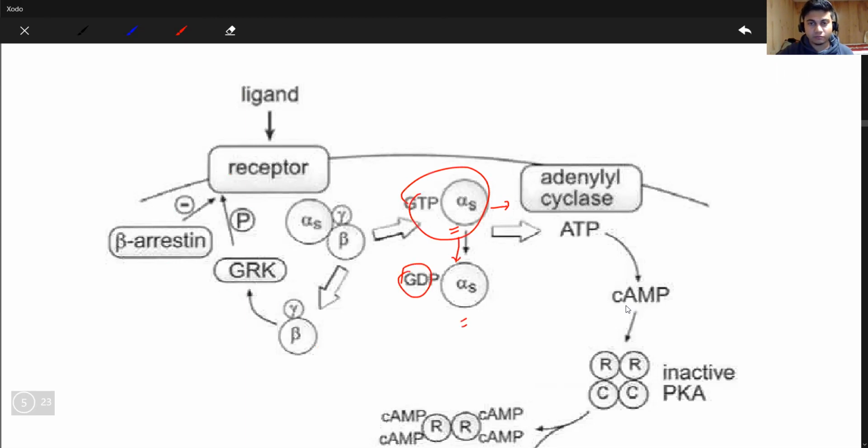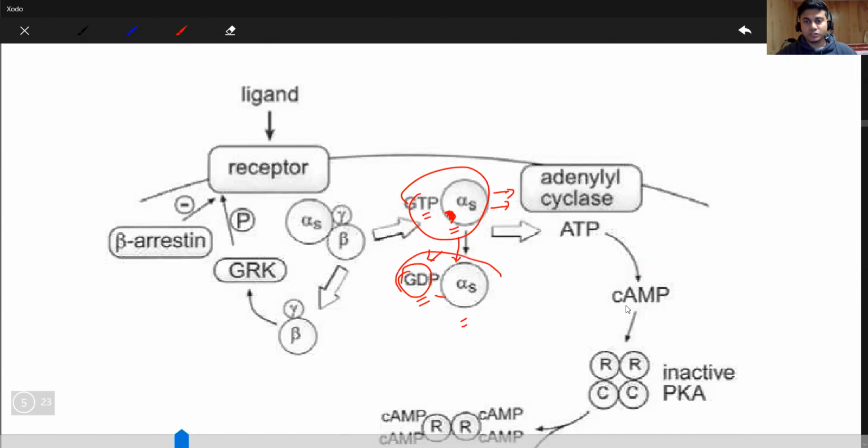GDP containing alpha. Now, one thing you may say is that whenever this alpha is stimulating the adenylyl cyclase, maybe it is giving off its energy, and that's why maybe it is converting into this GDP containing alpha. That can be one possibility. But another thing is that there is some intrinsic activity in this alpha that converts this GTP into GDP.